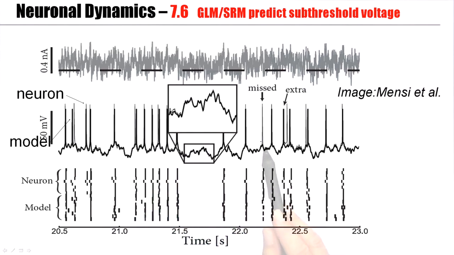There are a few missed spikes, there are a few extra spikes. If we repeat the same input current, the same realization of all this fluctuating current several times, then the real neuron will emit spikes with a slight jitter between one trial and the next. And so does the model.